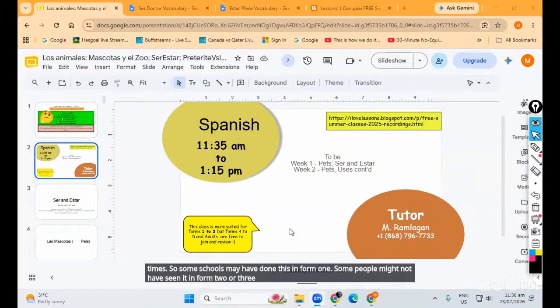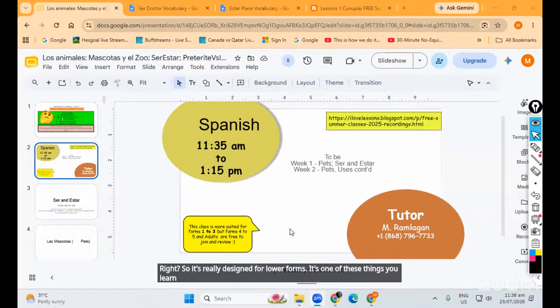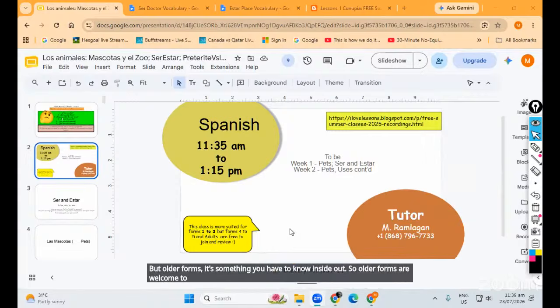Some people in Form 4 might still be working on it, right? So it's really designed for lower forms. It's one of the things you learn earlier in Spanish rather than later. But older forms, it's something you have to know inside out. So older forms are welcome to stay to review it, right? So forms 4 and 5, you have to know it inside out for your exams. Stay and review it, right?